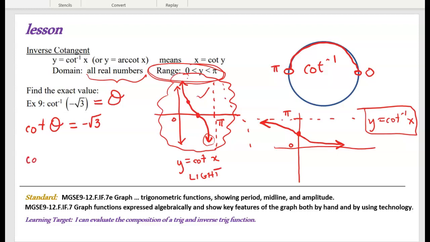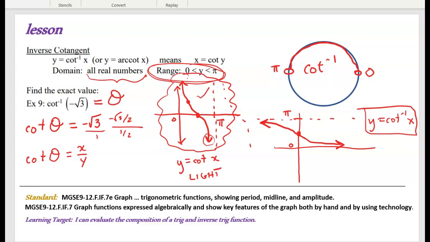Well, cotangent was defined to be x over y, just like tangent was y over x. So now we're working backwards, and my hope is that when I write this, you're like, oh yeah, I know that. So the output is negative root 3 over 1, which came from negative root 3 over 2 over 1/2.